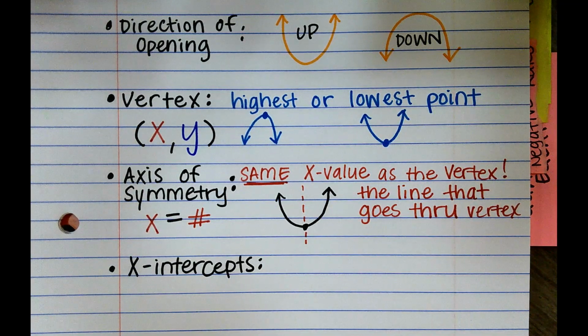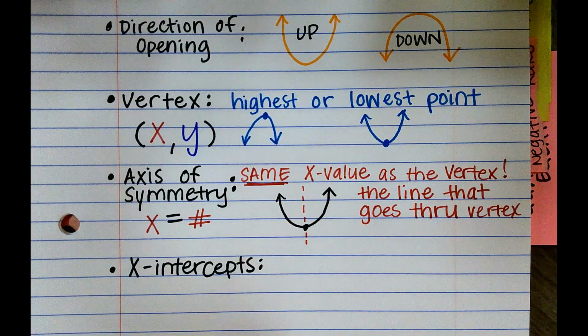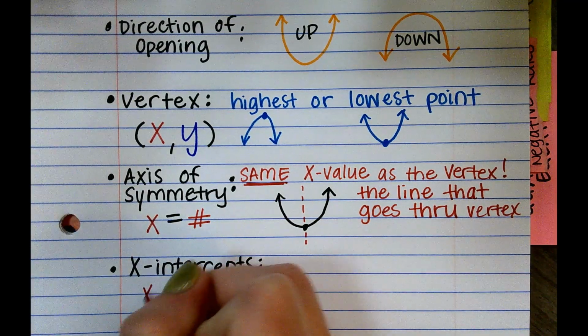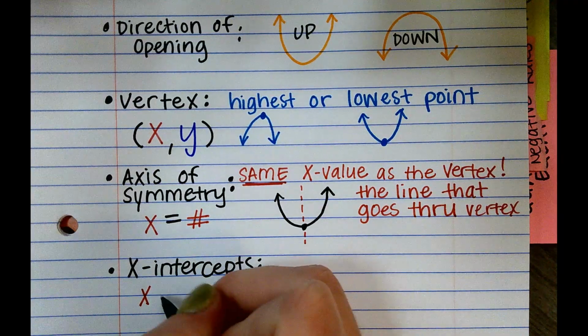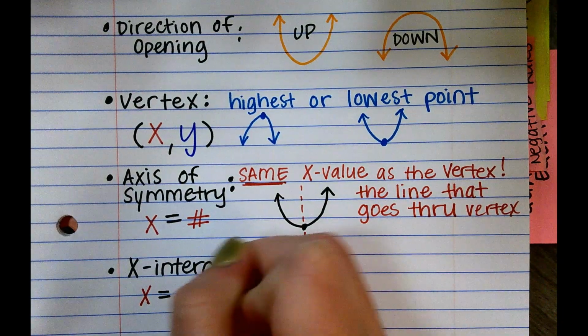It's usually those two x values. But what it is, we would say, where does the parabola touch the x-axis? These are going to be written usually as x equals a number.